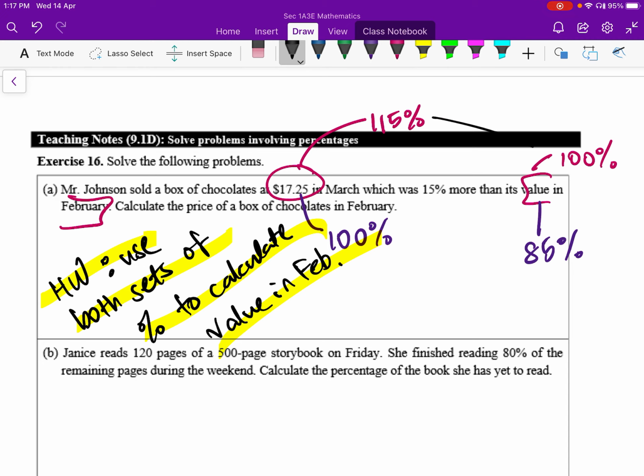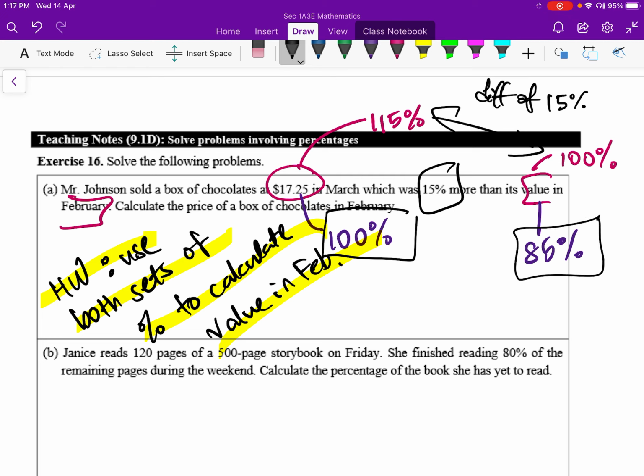That gives us a difference of 15%, which is part of the question, versus if you were to set $17.25 as 100% and you take the value in February as 85%, which also gives us a difference of 15%. Will there be a difference in answer? Okay, so today we're going to answer that.